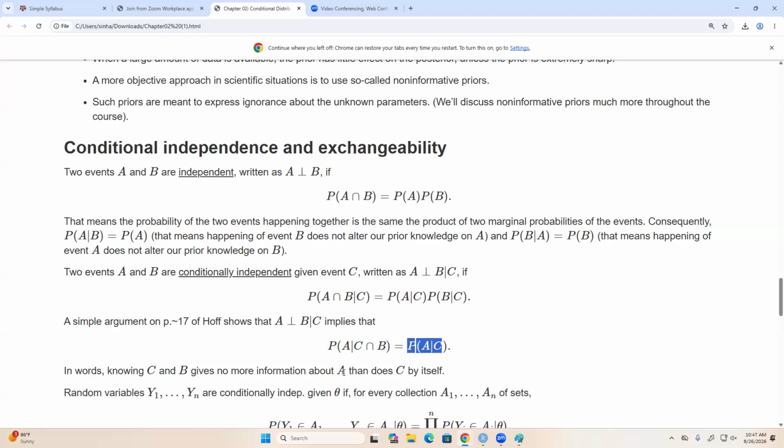This concept, conditional independence, will be used again and again in our Bayesian analysis.